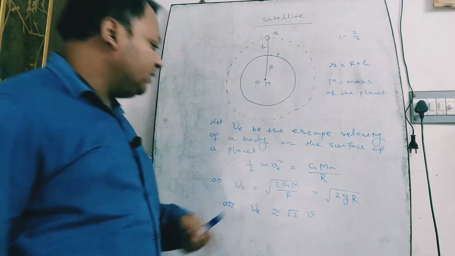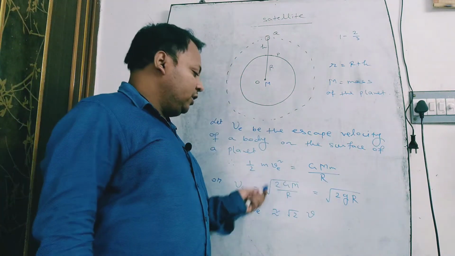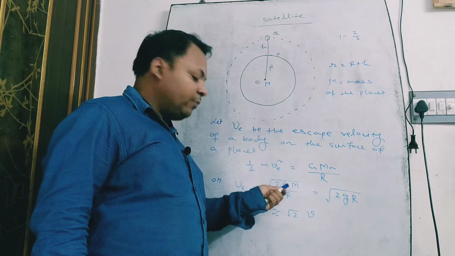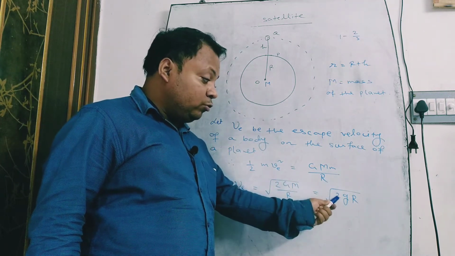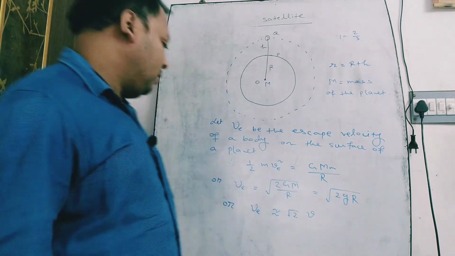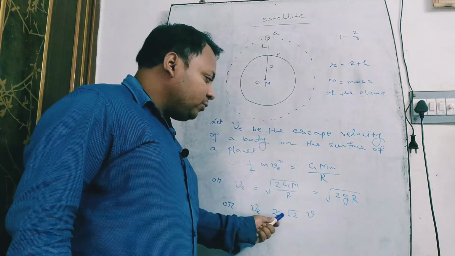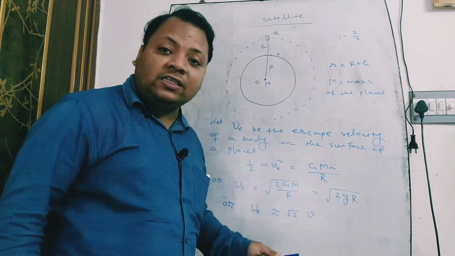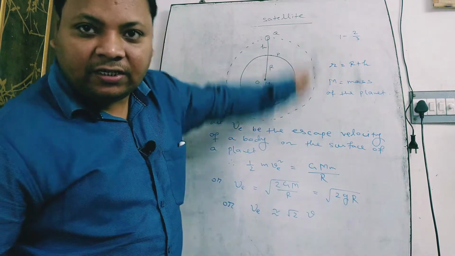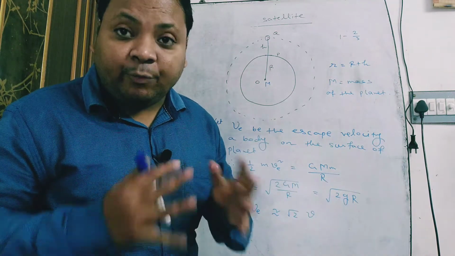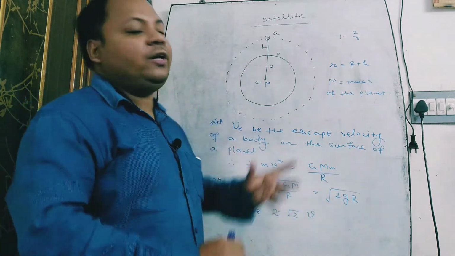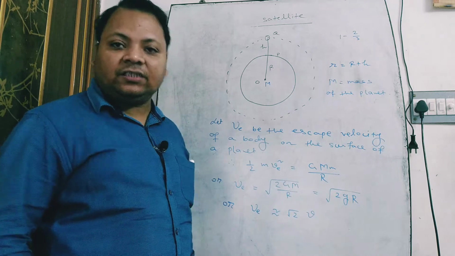Therefore, VE, that is the escape velocity of the body, is equal to under root of 2 capital G capital M by capital R. This is equal to under root of 2 small g capital R, or VE is approximately equal to root 2 into small v, the orbital velocity of the satellite. That is, the escape velocity of a body is approximately root 2 times the orbital velocity of a satellite.